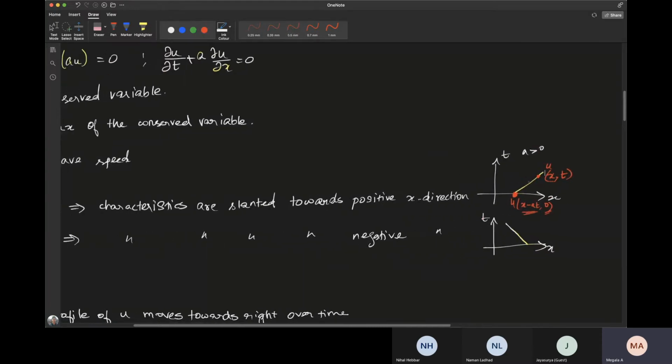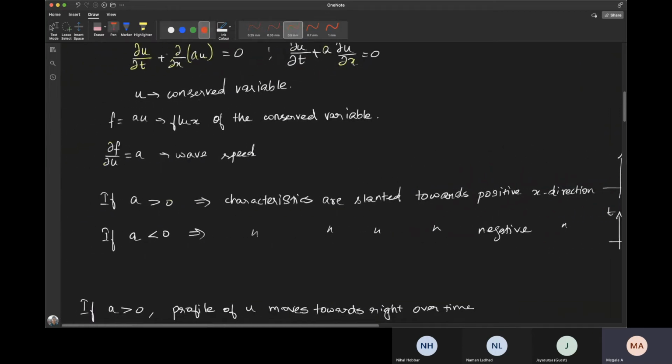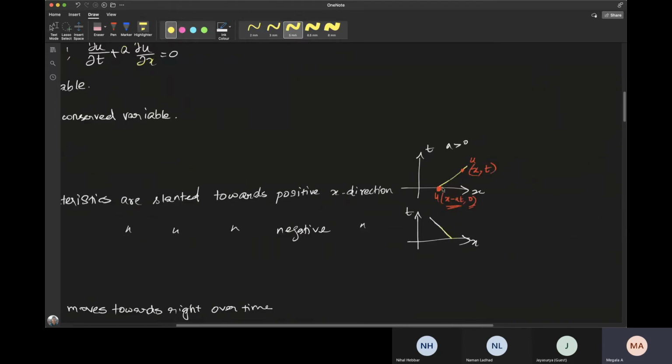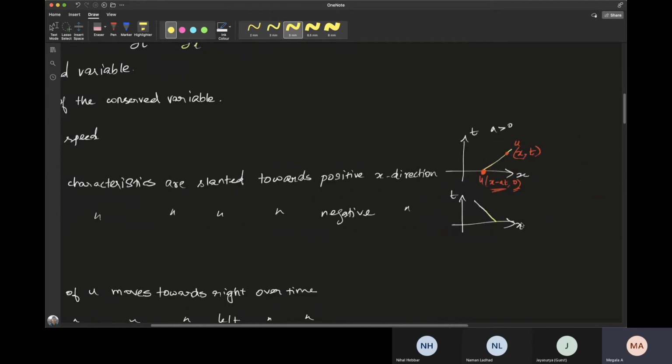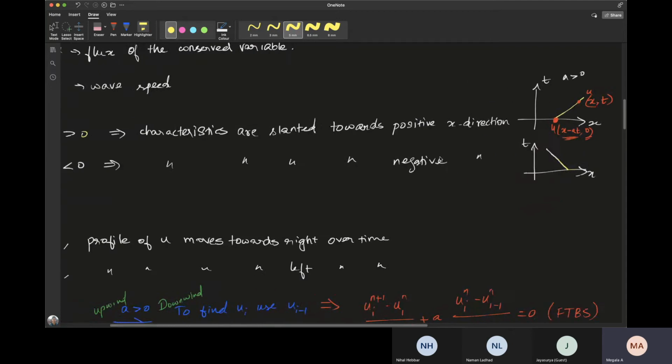So along the characteristics, your solution will remain constant, and the point to note here is that if your wave speed is positive, then your characteristics are slanted in the positive x direction, and when your wave speed is negative, they are slanted in the negative x direction.